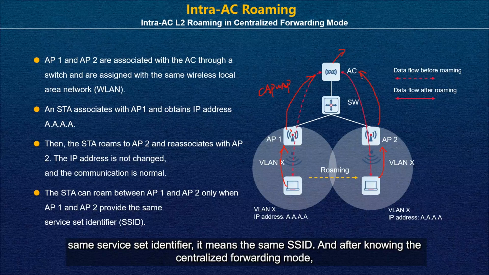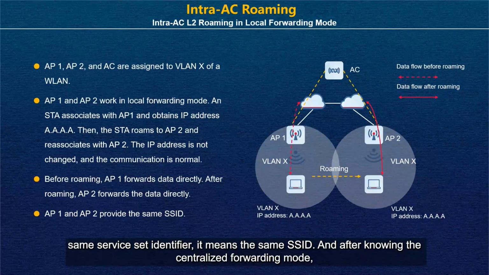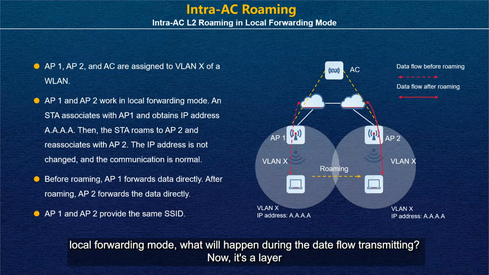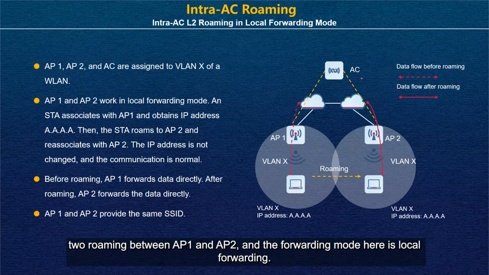After learning the data forwarding process in centralized forwarding mode, let's see layer 2 roaming in local forwarding mode and what will happen during data transmission. Now, it's layer 2 roaming between AP1 and AP2, and the forwarding mode here is local forwarding.